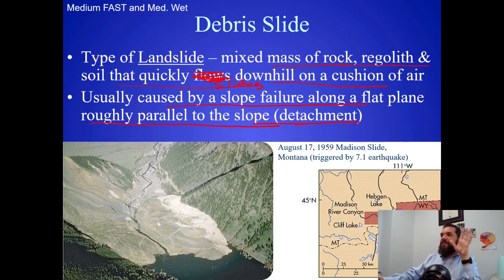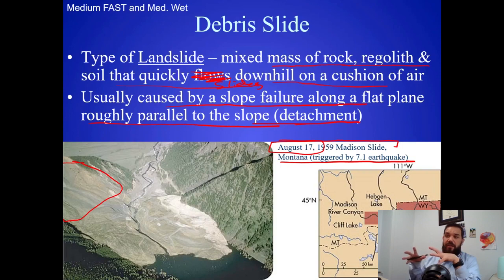One really famous example of a debris slide was on August 17th, 1959, a massive debris slide in Montana triggered by a 7.1 earthquake. It caused the failure of the slope. You can see the slope right here. I hope you all can see that in the picture. It's a huge area that failed and slid.